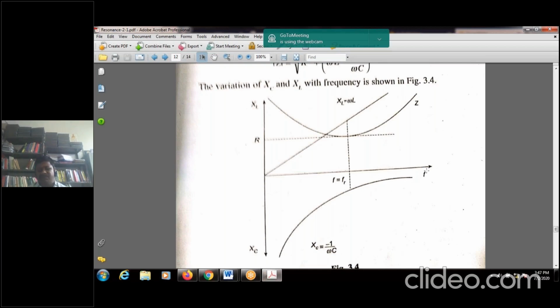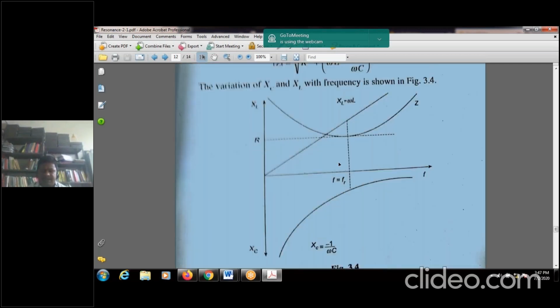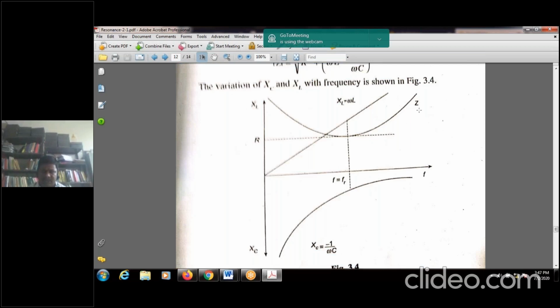When F is equal to resonant frequency, the impedance value is very, very low, equal to R. So what it indicates is that only at resonance is the impedance minimum. Less than resonance frequency or greater than resonance frequency, impedance is higher. Whenever impedance is low, the circuit receives the maximum amount of voltage or power, right?